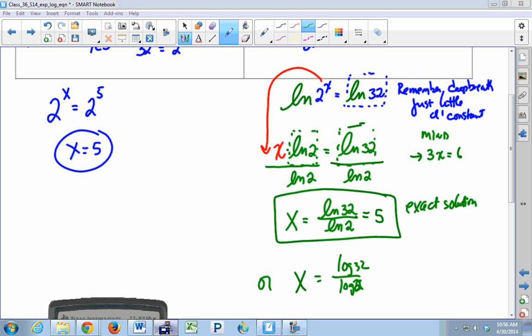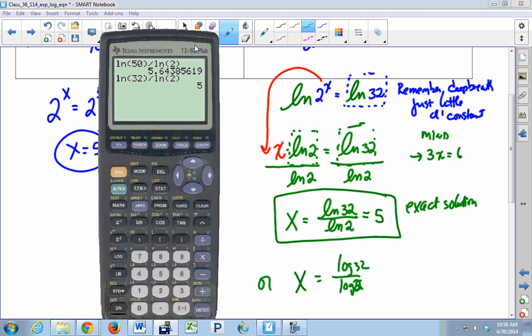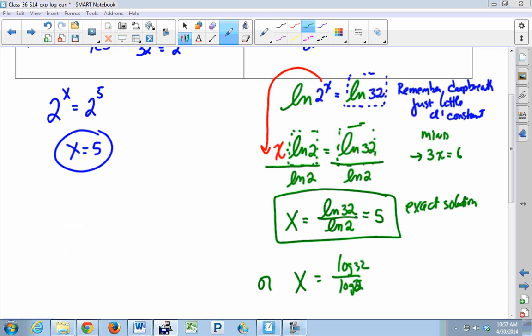So let's try that. You know, it's kind of weird that, geez, why is it that they both equal? It seems like it shouldn't be. Log of 32 divided by log of 2, 5. Okay, so it doesn't matter whether you take the common log or the natural log.